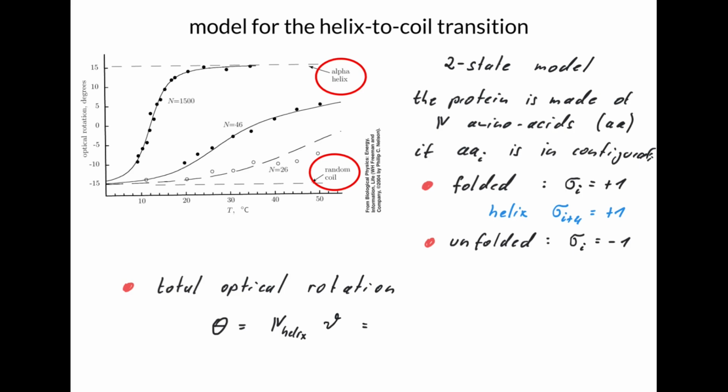Now we can rewrite this in terms of the sigma i's, and we find that capital theta is equal to 1/2 times 1 plus 1 divided by n, sum over all i's, sigma i times small theta, where the sum over all sigma i's divided by n is the mean sigma of the system.